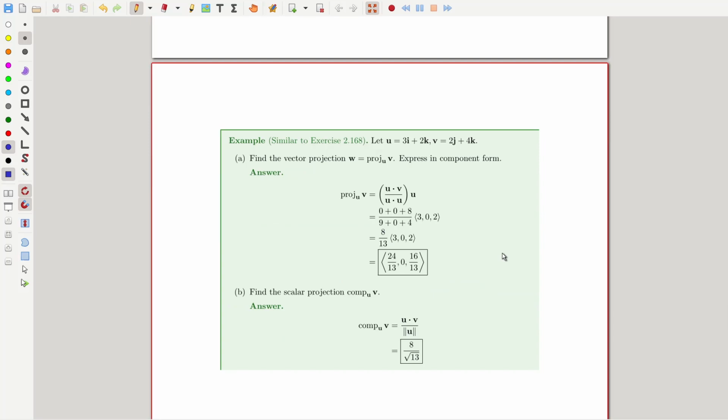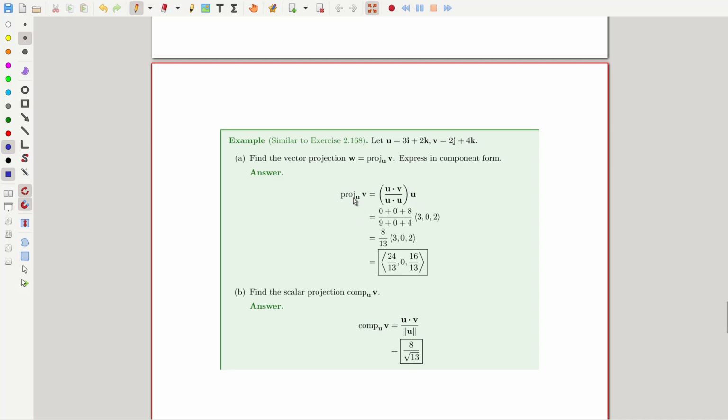Now I have an example of computing the vector projection and the scalar projection concretely with particular examples. If you have the vector u and the vector v, it really just amounts to plugging into the formulas. So to do the projection of v onto u, notice that the order is going to matter a lot. If we accidentally swapped u and v in the expression, things would change a lot.